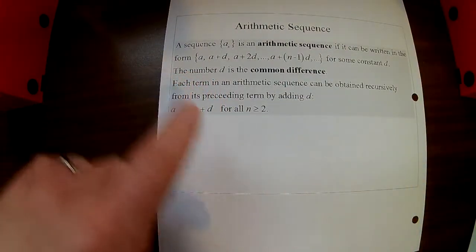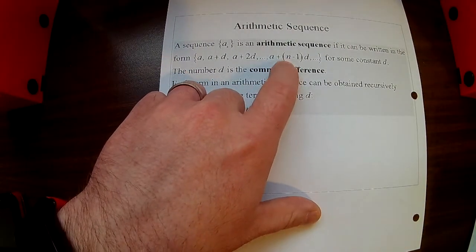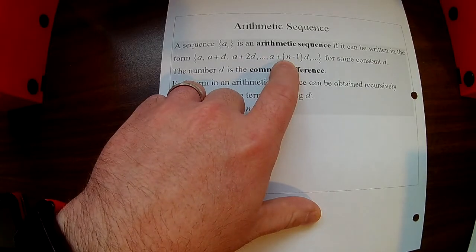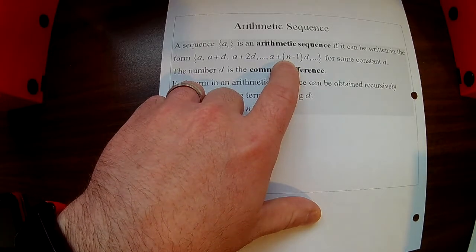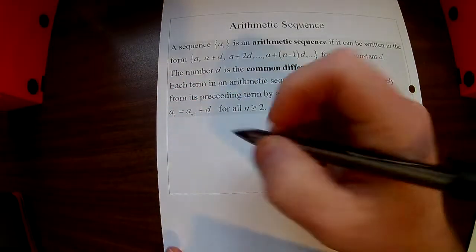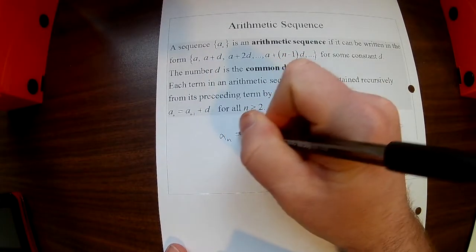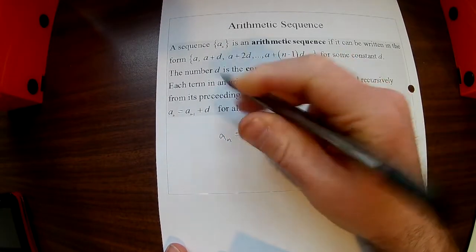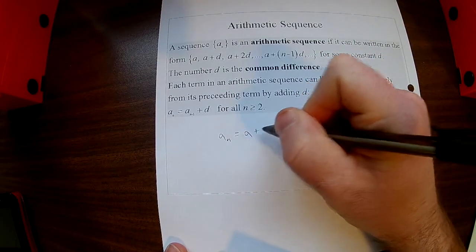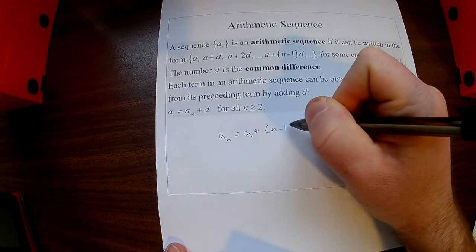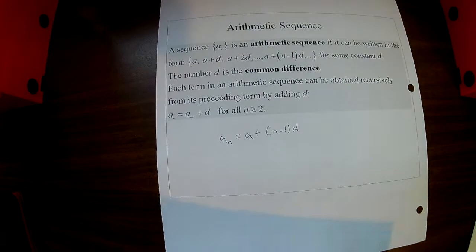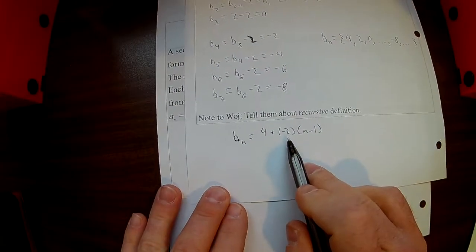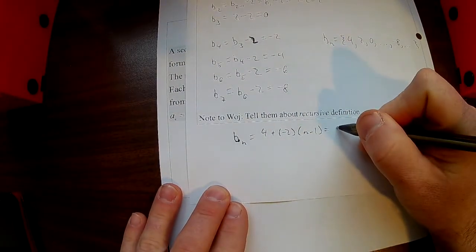That's this formula right here. That's an important formula. You guys might not have noticed that that was a formula in there, but really that formula is just A sub n is equal to A plus n minus 1 times D, which you can see we actually have right here. And I'd like to clean these up a little bit.